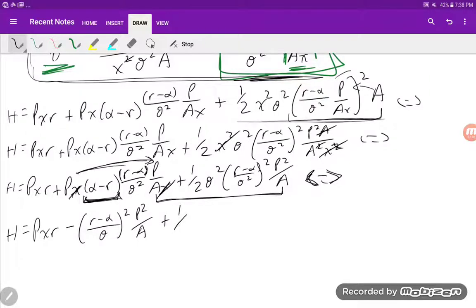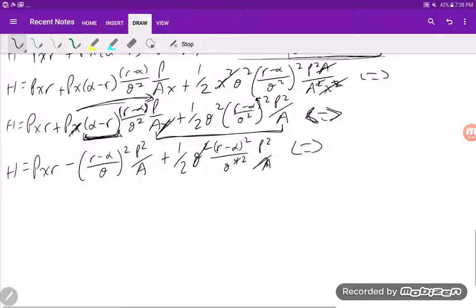Okay, and then we have plus 1/2 sigma squared, and then I'm going to, just to make it clear, if we work through this square here, we would have r minus alpha squared over sigma to the 4th. So this cancels out with two of these, p squared over a. So this gets us close to a very nice simplification.